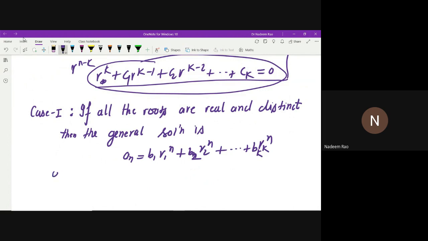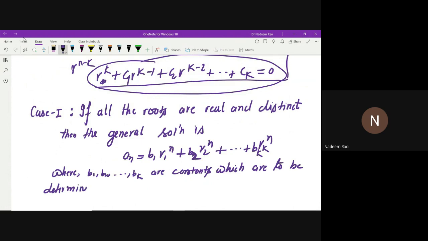Here b1, b2, up to bk are the constants which are to be determined by the initial condition. Okay, by the initial condition.